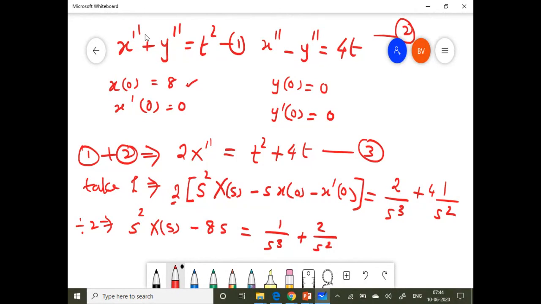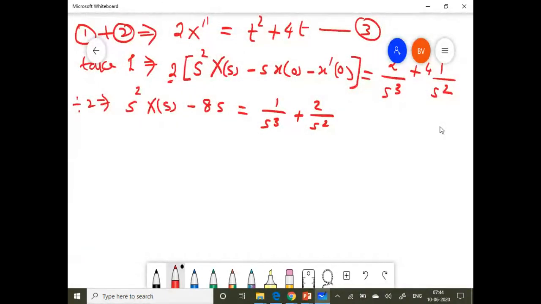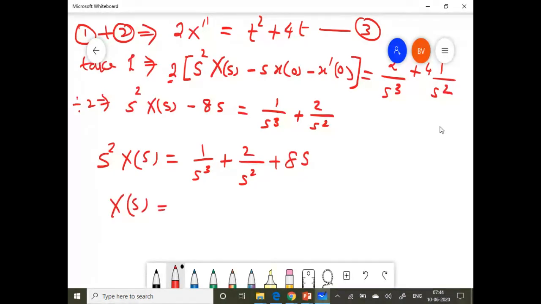Okay. In the next step, we will write s square x of s is equal to 1 over s cube plus 2 over s square plus 8s. Now x of s should remain on the left. All other s square should be divided here.